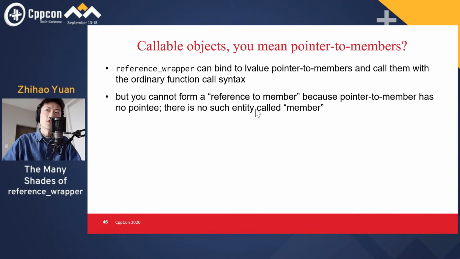But to pointer to members, you can't really form a reference to member because there's no such entity in the language called member that you point to. So it works, but probably not in the way you are looking for. std::mem_fn is probably what you're looking for.